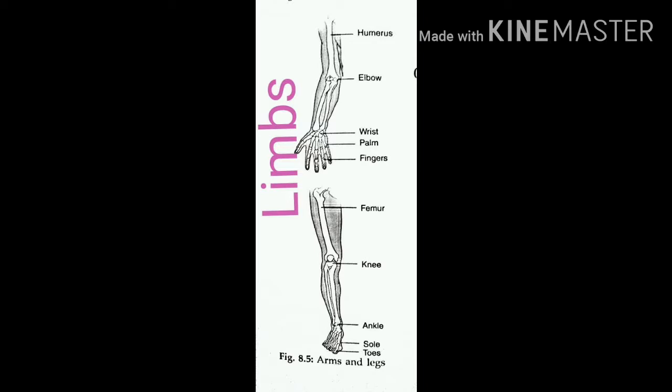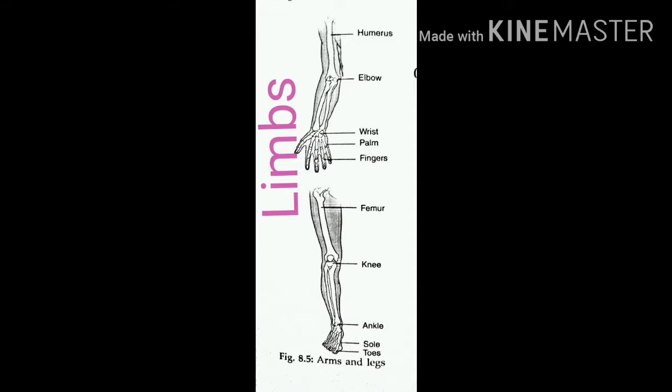Like an arm, each leg has three main parts. The upper leg has a long bone called the femur.